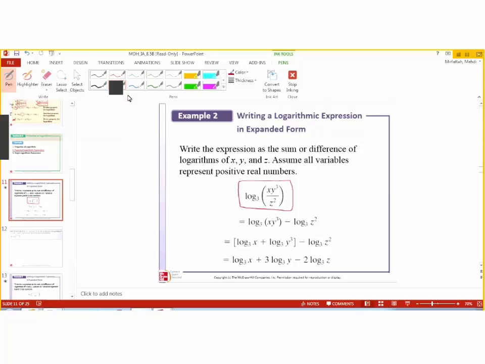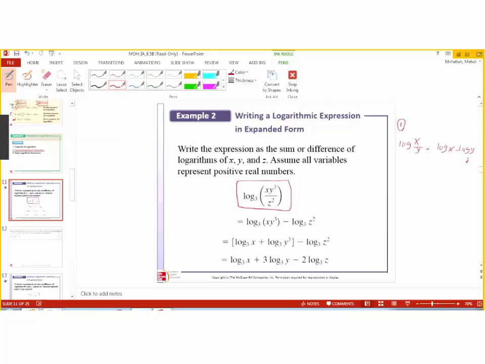The first property that we're going to use is this one here. Step 1: log of x over y is equal to log of x minus log of y.